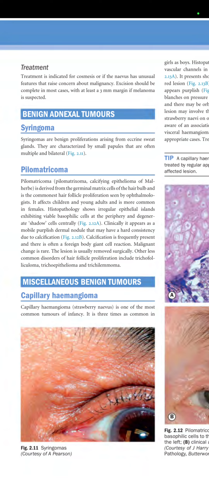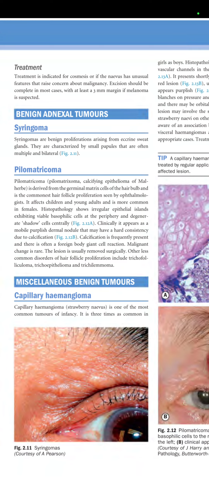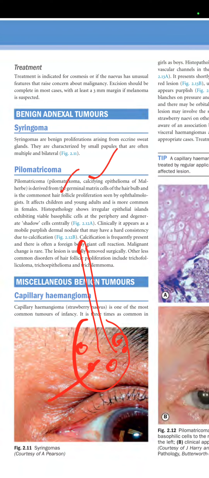So basically, the hair bulb is where the hair follicle and hair are present. There are germinal matrix cells in it, and their proliferation causes pilomatricoma.